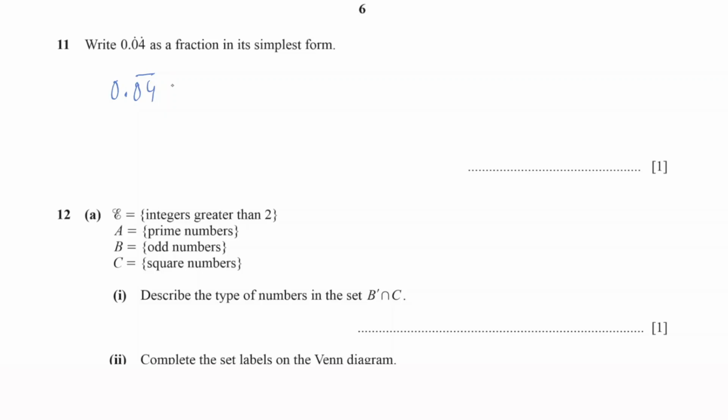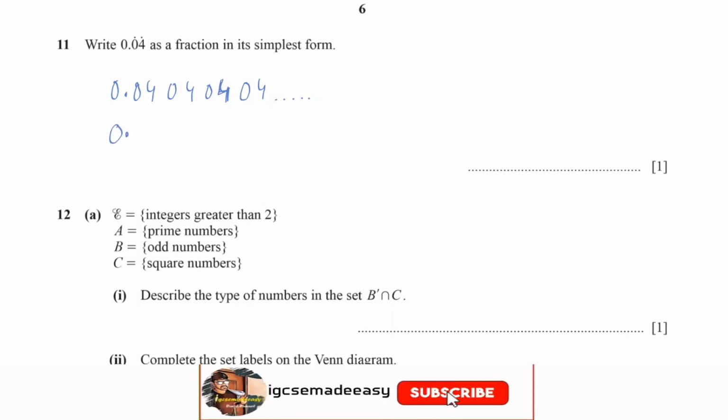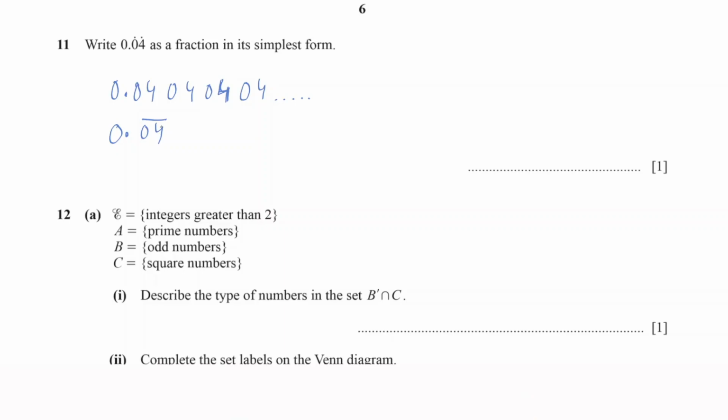We can write a dash or a dot. That means 04 is being repeated and it is going to be endless, right? We can't even end the number. It is going to be like that only, 04040404. That's why they have written 0.04 dash, or 0.04 dot dot. Both are the same.